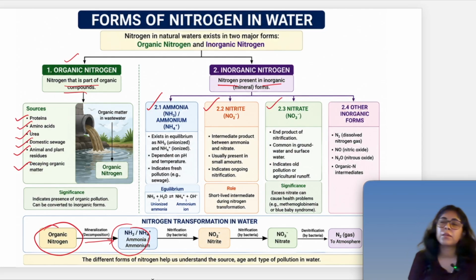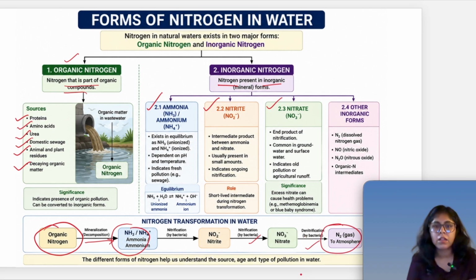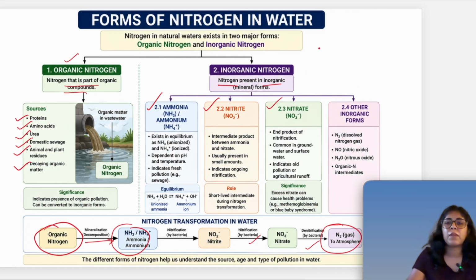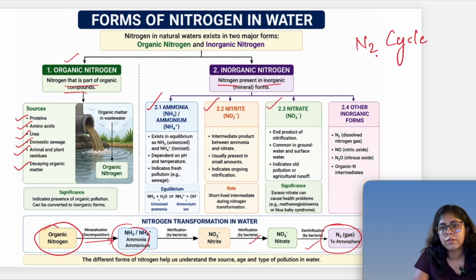There are certain bacteria like Nitrobacter or some other bacteria that will generate from ammonia the nitrite, and then from nitrite they will generate nitrate, and then we have denitrification, and again we will be getting nitrogen gas. This is nothing but what we call the nitrogen cycle. We'll be seeing that in detail.